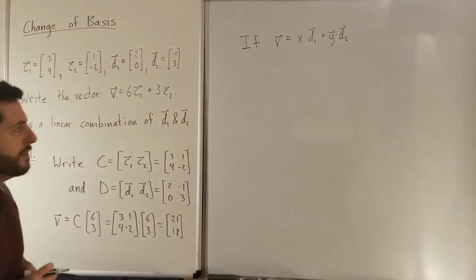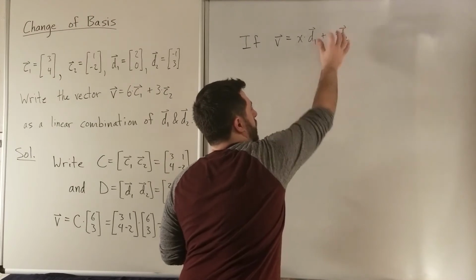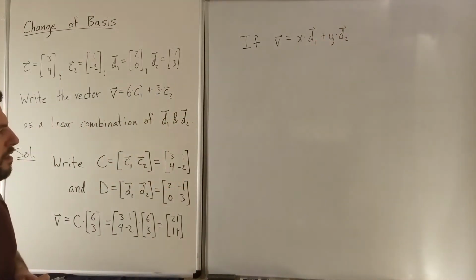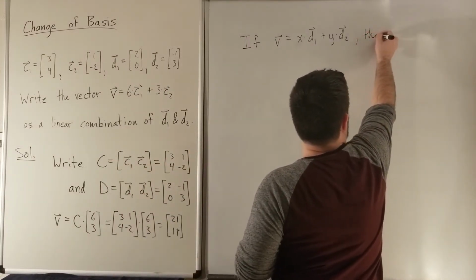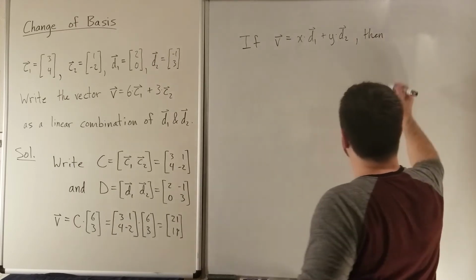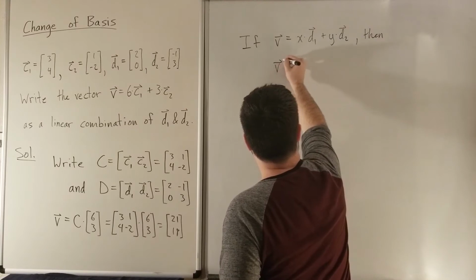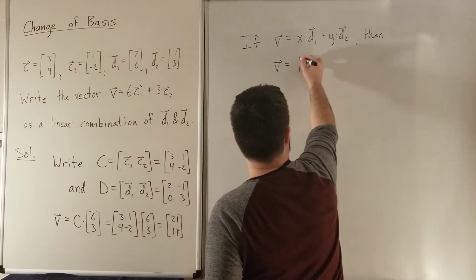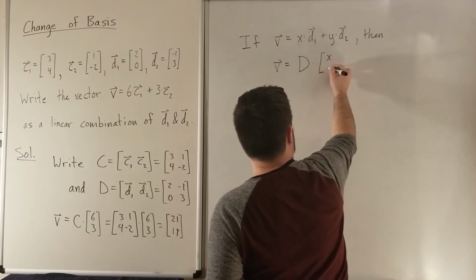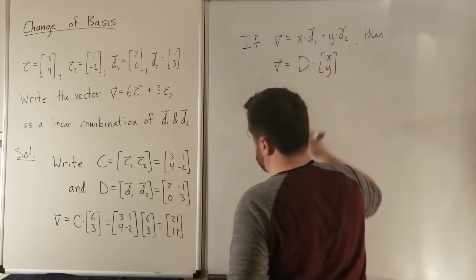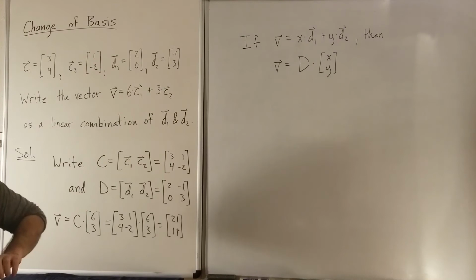So if V is x times D1 plus y times D2, where x and y are scalars, then that's the same thing as saying V is equal to the D matrix times the column vector xy, for the exact same reason as we had this before, was this linear combination.